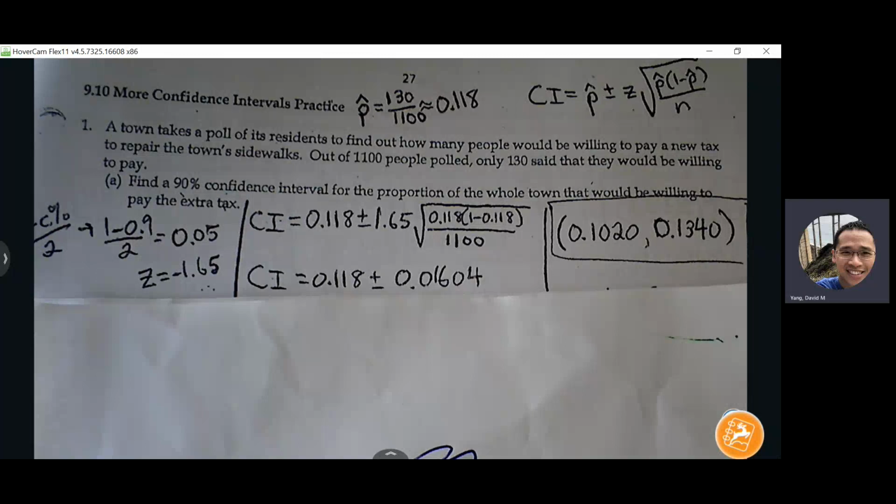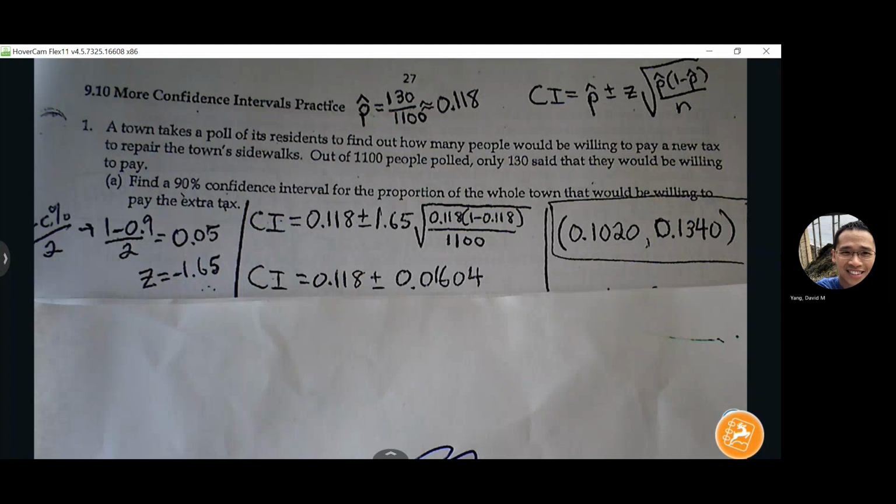So with a 90% confidence, we can say that the actual proportion of people who want to pay that extra tax would be somewhere between 10 and 13%, even though the poll shows that it's 11.8%. Right, but that sample doesn't represent the entire population. It's just the number of people polled.